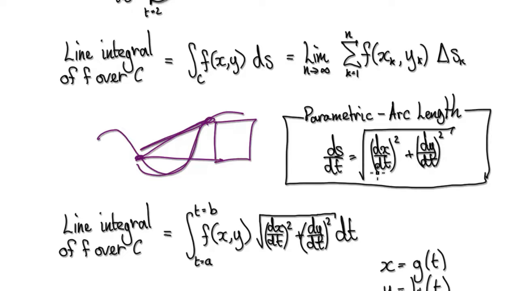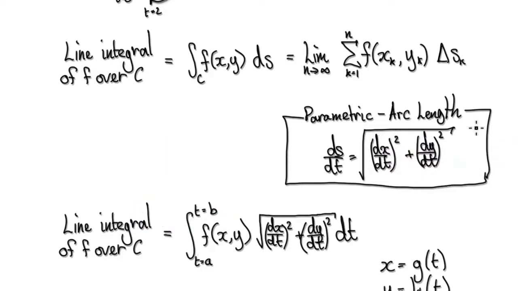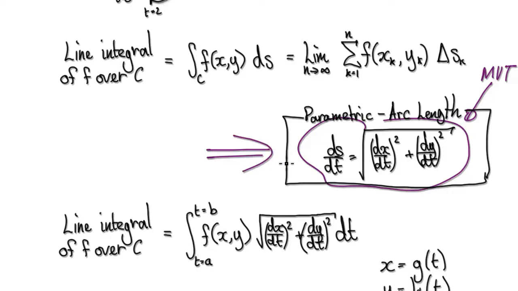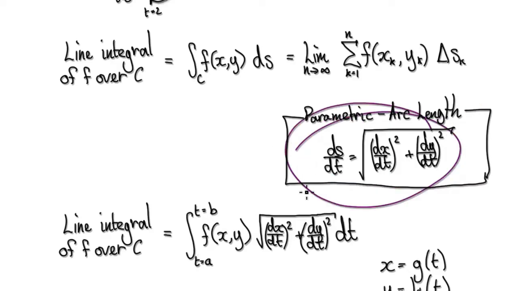Well, we've done this, and I'm expecting you to know this. You have to use the mean value theorem plus Pythagoras to come up with this, and we've done this before. So you might have to track back and look this up.